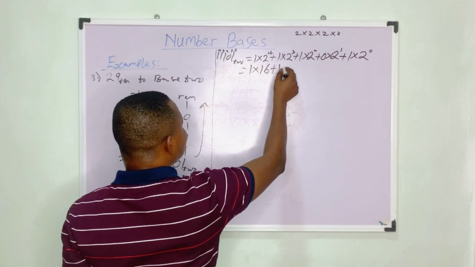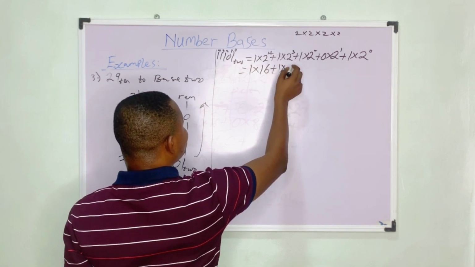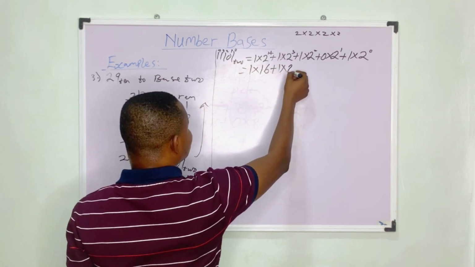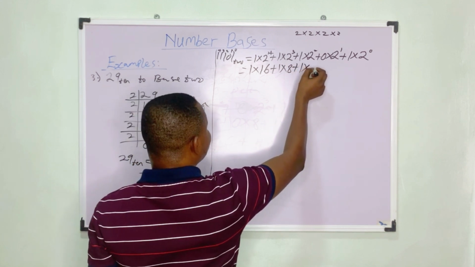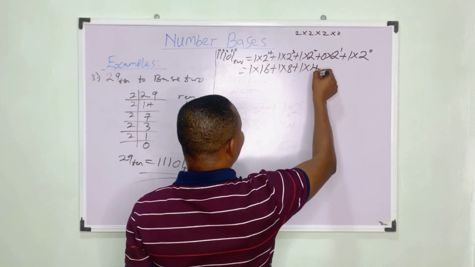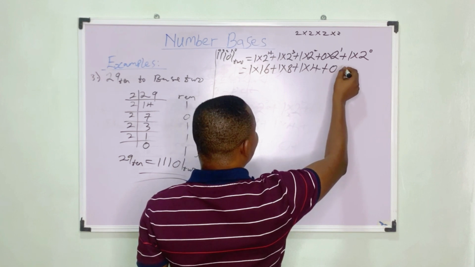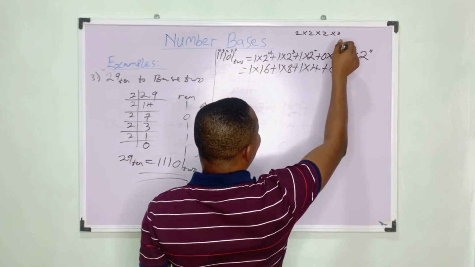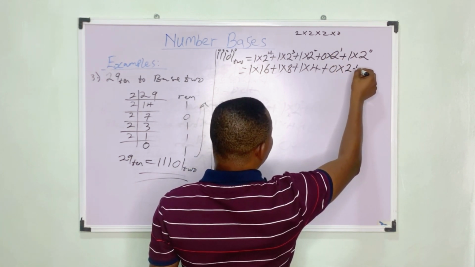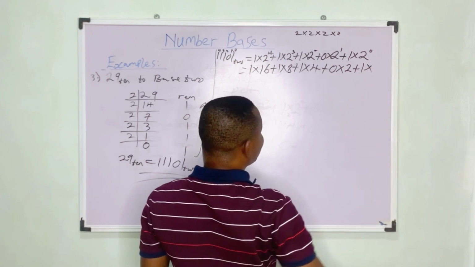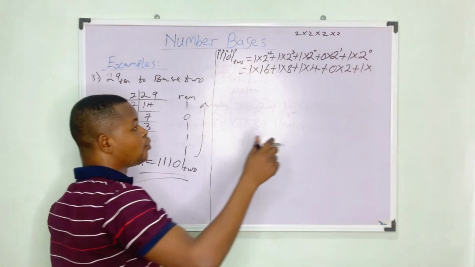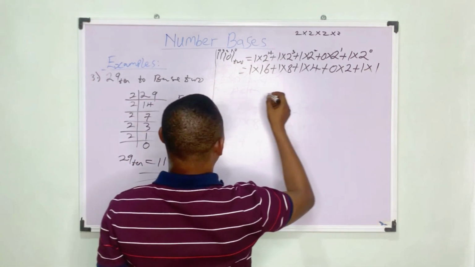Then plus 1 times 2 raised to power of 3, that is 8. Plus 1 times 2 raised to power of 2, that is 4. Plus 0 times 2 raised to power of 1, that is 2. Then plus 1 times 2 raised to power of 0. Any number raised to power of 0 is 1.